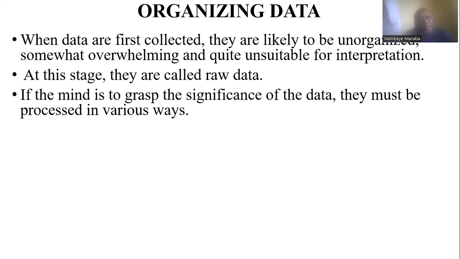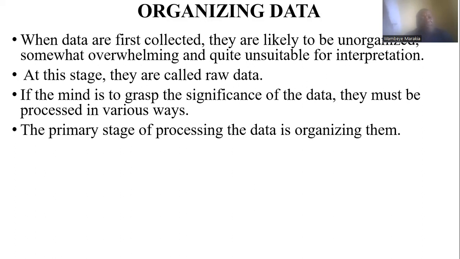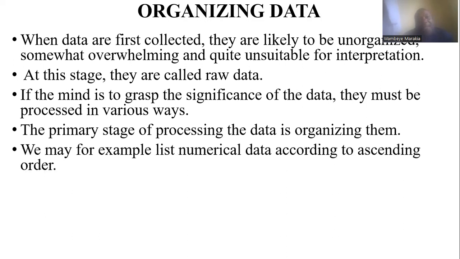This data must be processed in order for it to have meaning. And the primary stage of processing the data is organizing this data in order for it to make sense to a researcher.